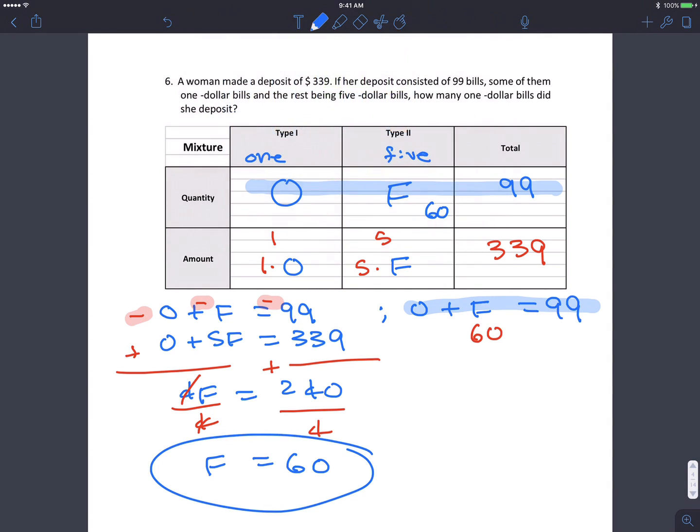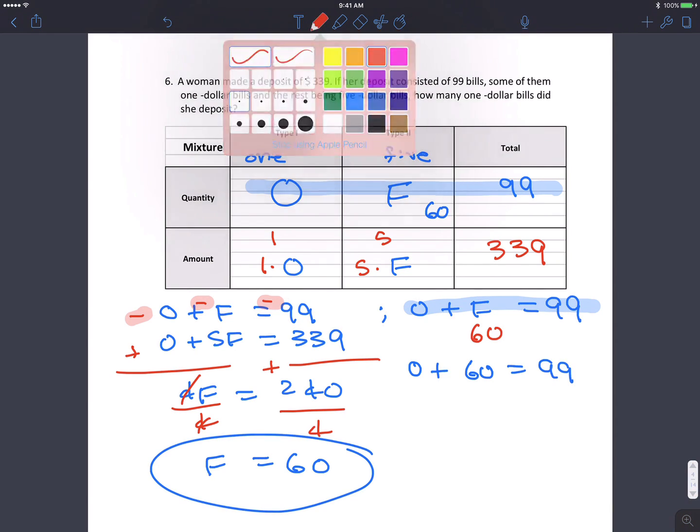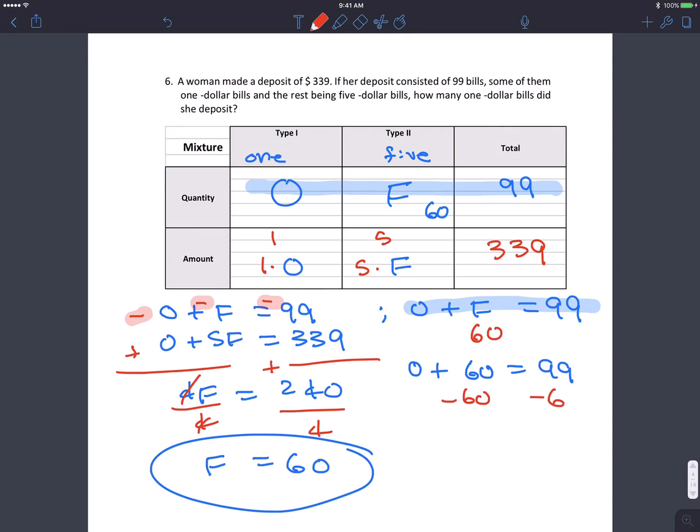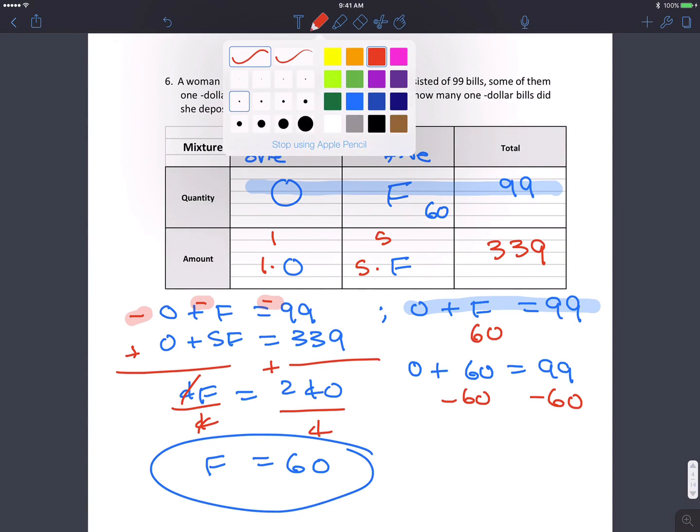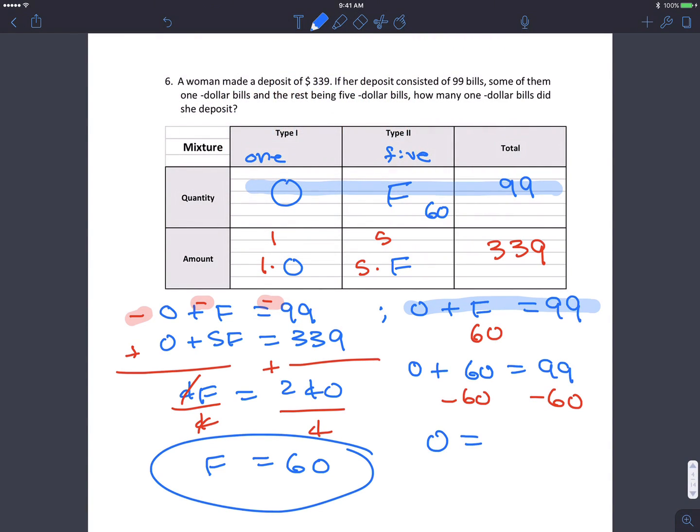So I can now solve this equation. I have O plus 60 is 99. Subtract 60 from both sides. 99 minus 60 is 39. I have 39 ones and sixty 5s, and we have actually solved this mixture question. This is number 6.